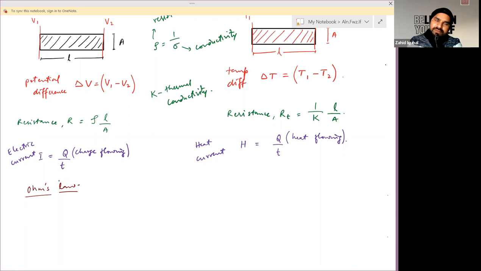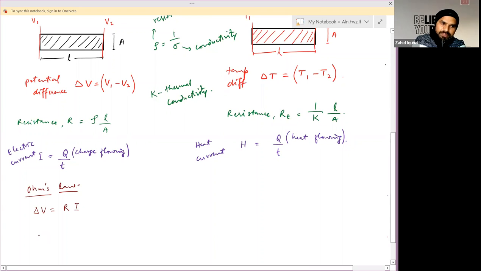So the more the potential difference applied, the more current would flow through it. So potential difference and current are directly proportional to each other. So potential difference equals resistance times current. So we have to calculate current. So current equals potential difference divided by resistance.